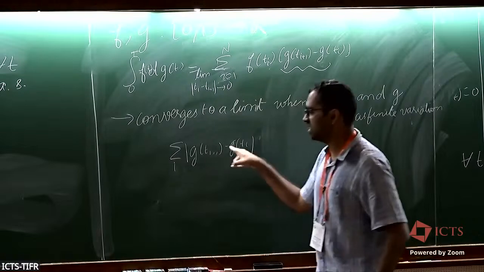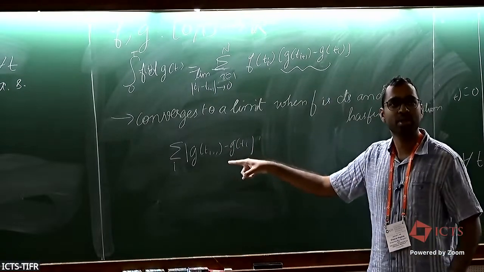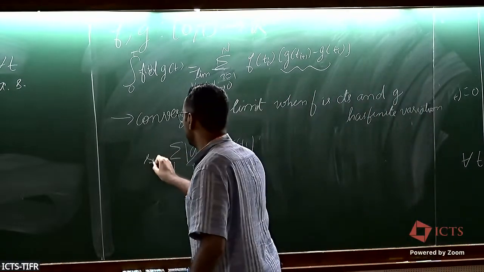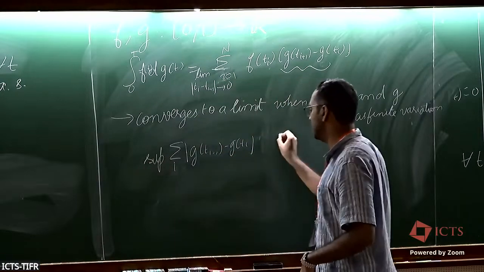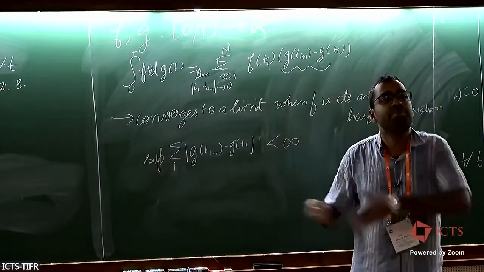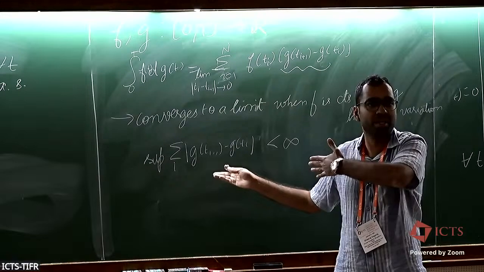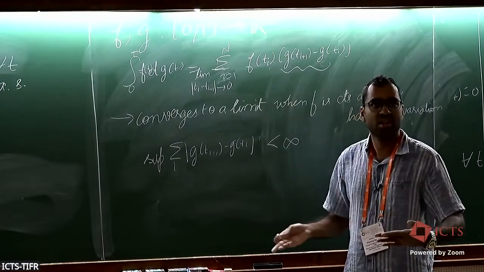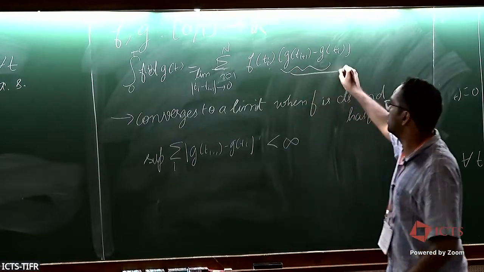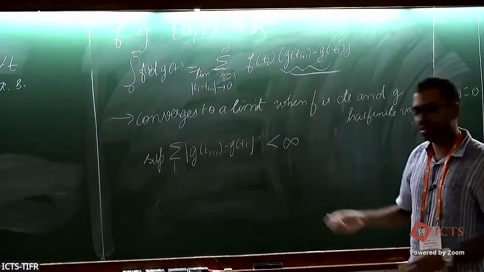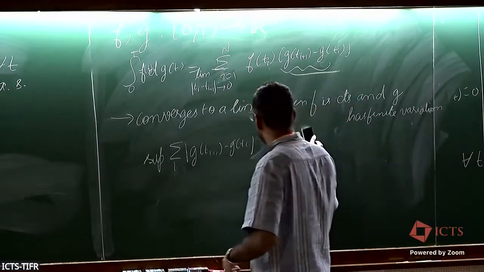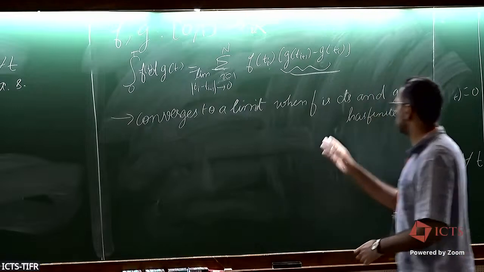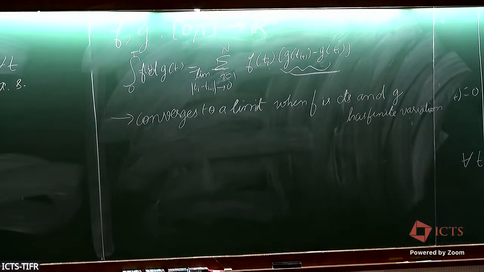If you have an increasing sequence of times and you sum this up, the supremum over all such grids should be less than infinity. A Lipschitz continuous function, for example, would be a finite variation function, right? Why is that coming in? Because we don't want this quantity to blow up. That's why we have a finite variation function. So this converges to a limit when f is continuous and g has finite variation.